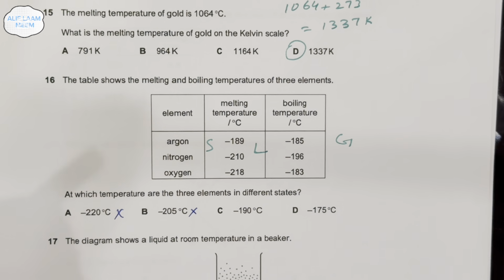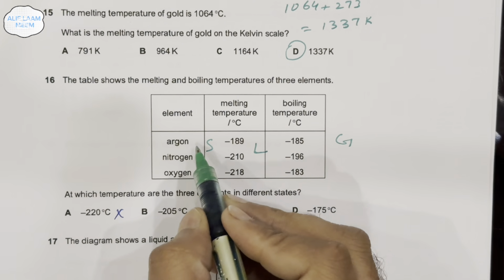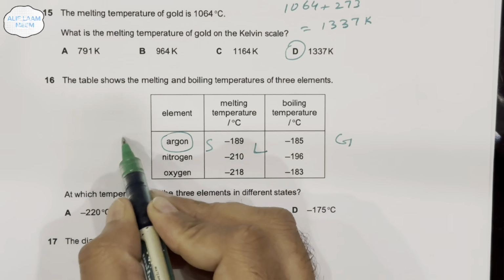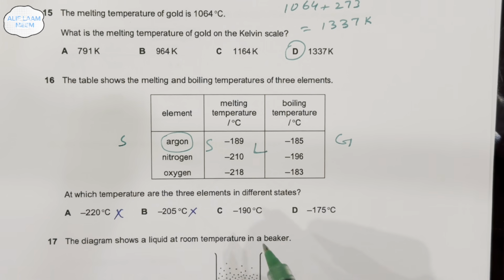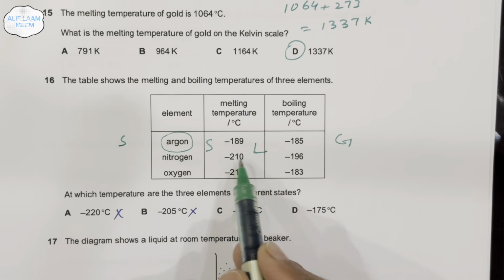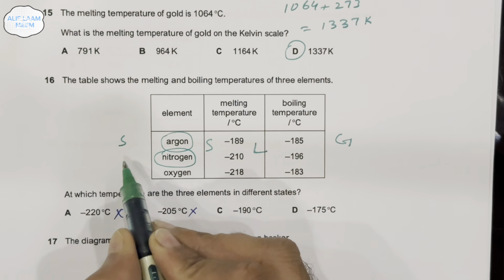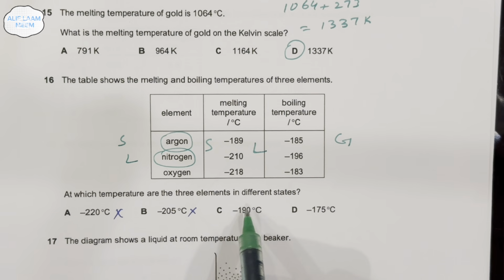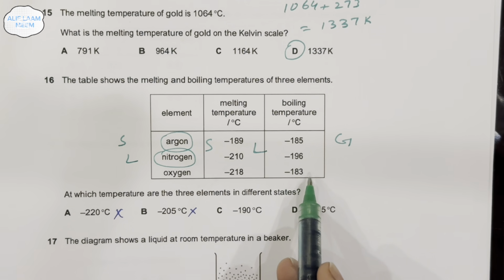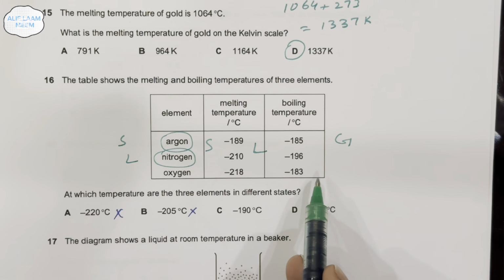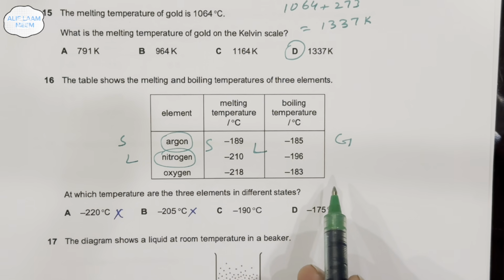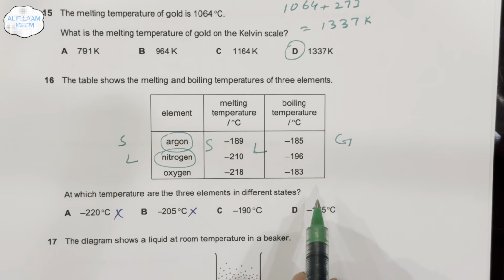It means that argon should be solid if this is the answer, and nitrogen at minus 190 is between those values, so nitrogen should be liquid, and minus 190 is above this, so it would be in the state of gas.